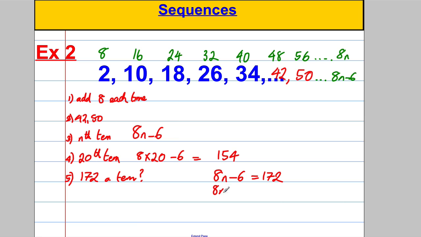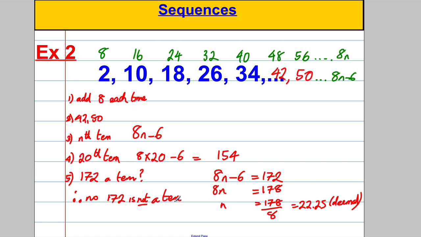Add 6 to both sides, 8n would be equal therefore to 178, and therefore n would be equal to 178 divided by 8, and you would check that on your calculator and you get yourself 22.25, which is a decimal. N had to be a whole number, so therefore no, 172 is not a term.